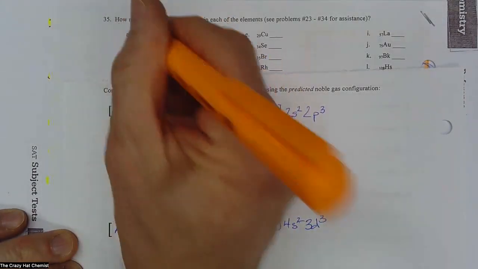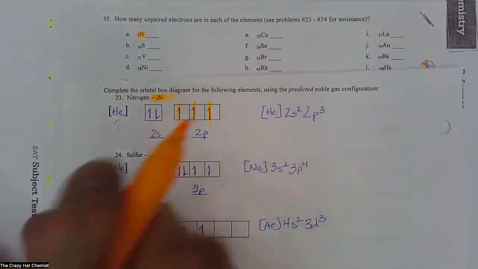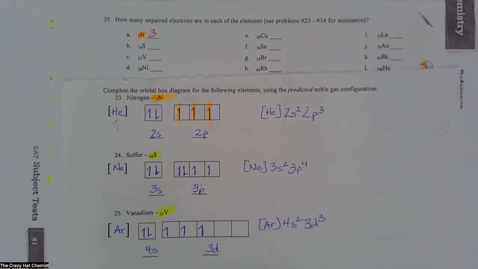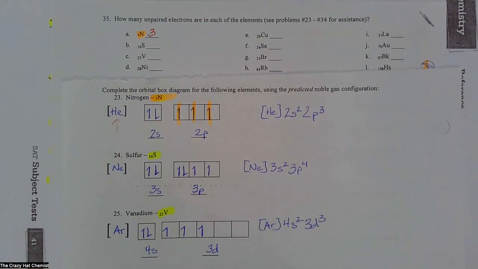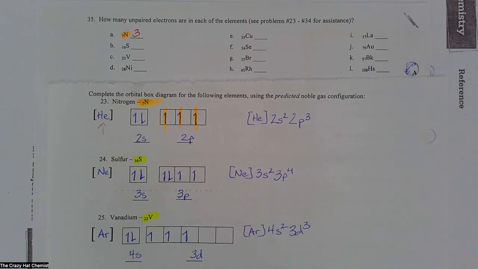So for nitrogen, unpaired electrons, that's 1, 2, and 3. So I'm going to place a 3 right here. In order to get the number of unpaired electrons, it's easiest to find the orbital box diagram, although you can do it in other ways. I'm going to follow the orbital box diagram, which we have already written, and that will make it easiest.